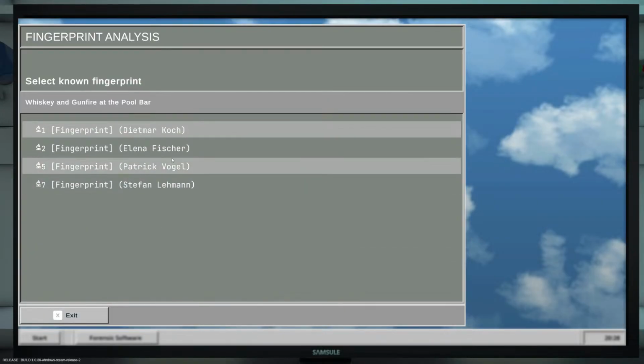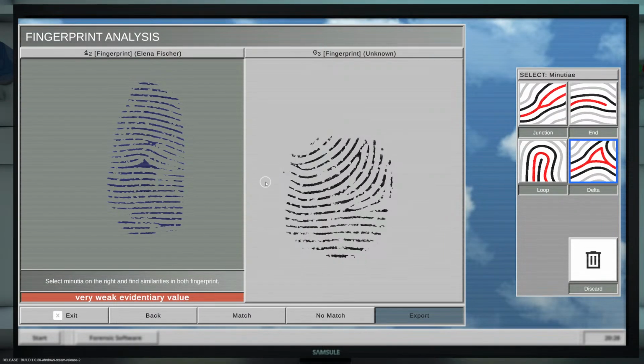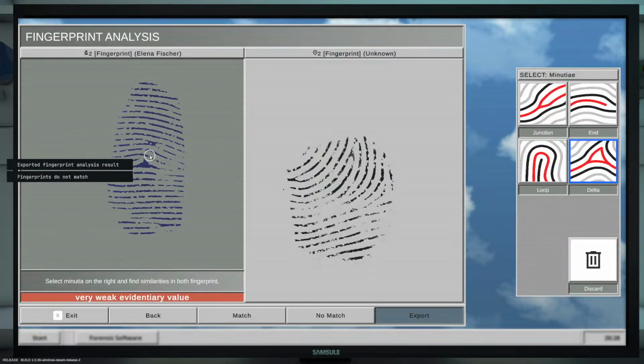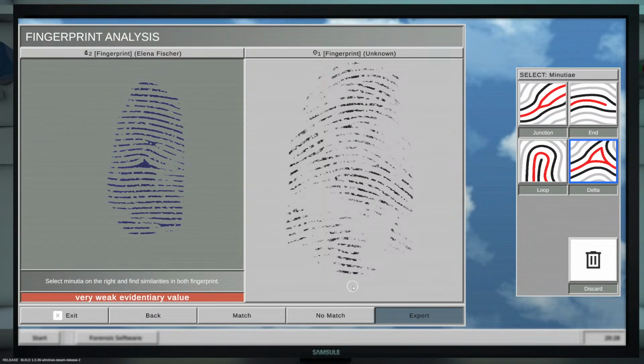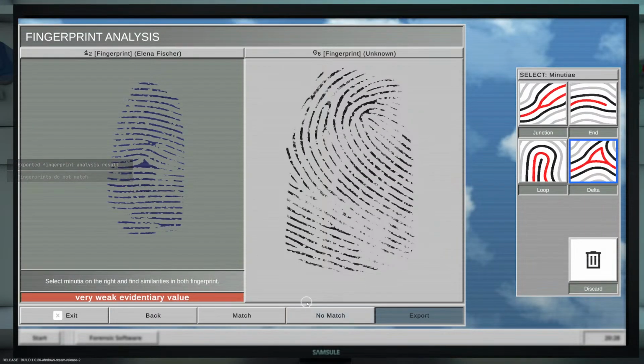Alright, let's go back and check the other people. No. No match. No match. I did see that fingerprint though.